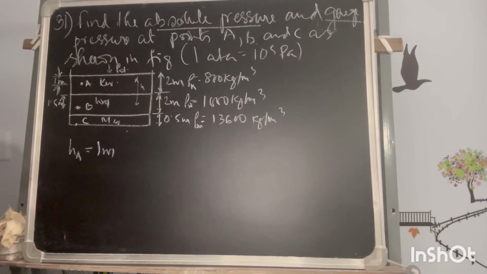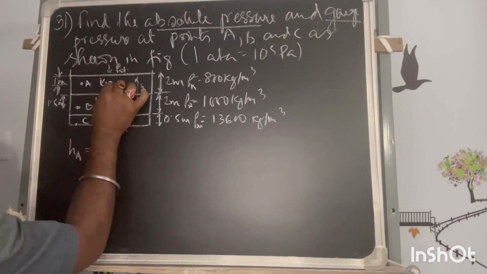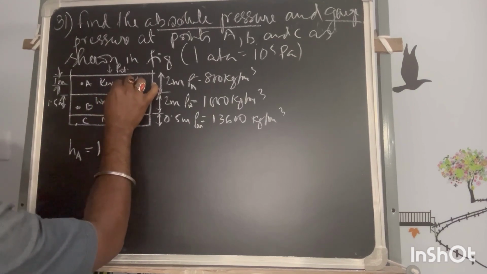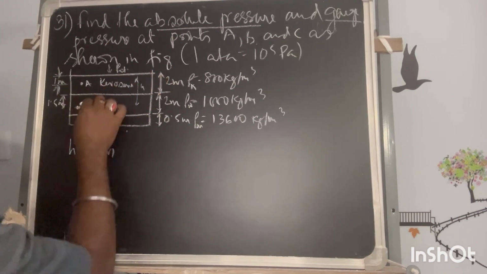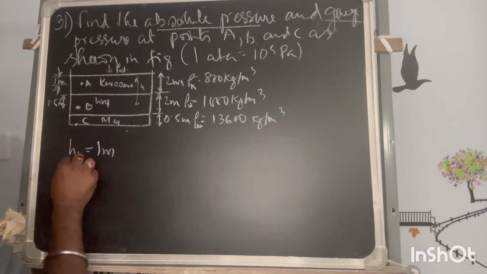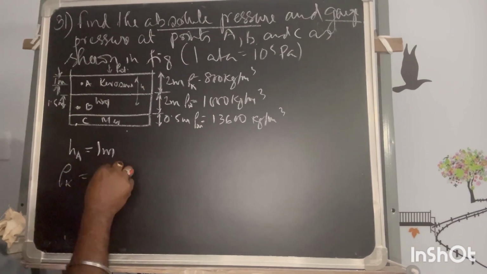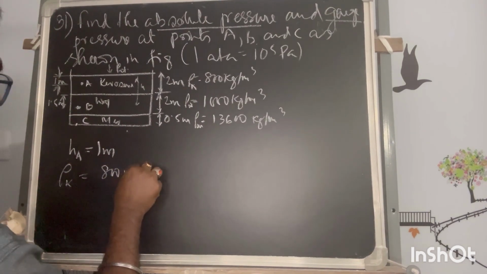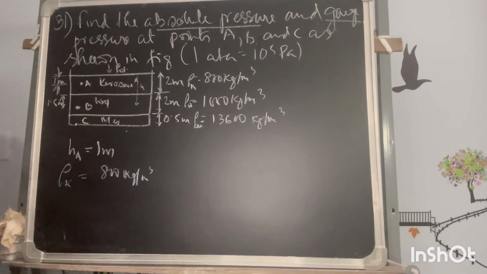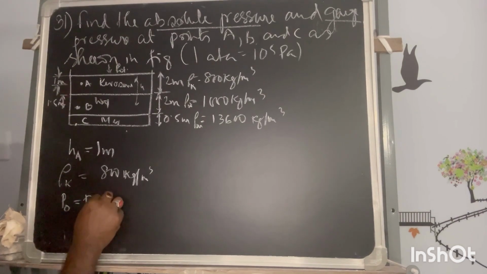Because I am in the first liquid, where only kerosene is present and no other fluid is touching point A, the density of kerosene only will be applicable, that is 800 kg per meter cube. These are the parameters needed, and also P atmospheric, the P0.